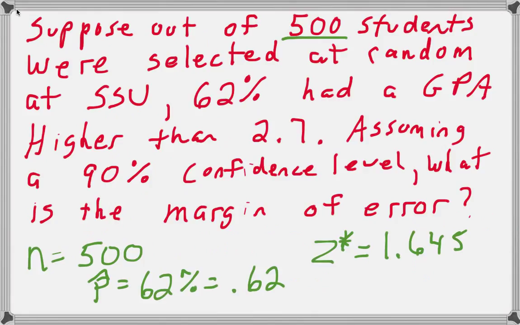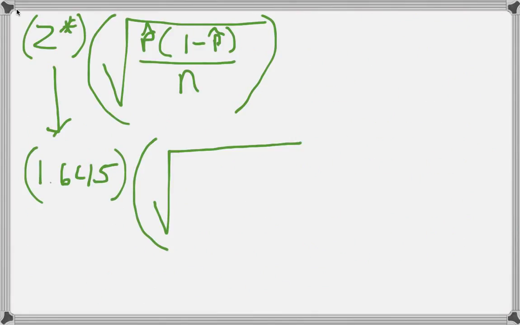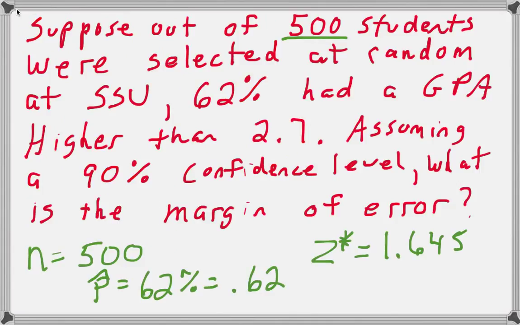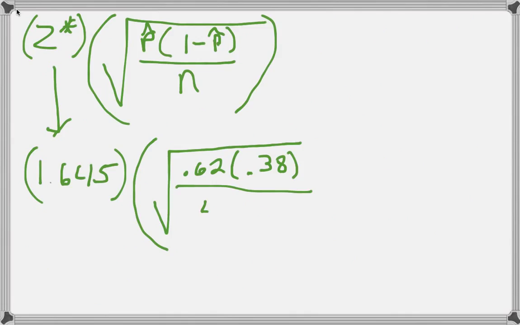That was kind of silly of me. 0.62 here. And then 1 minus p hat, 1 minus 0.62 is 0.38. Then I have a different sample size, which is 500.